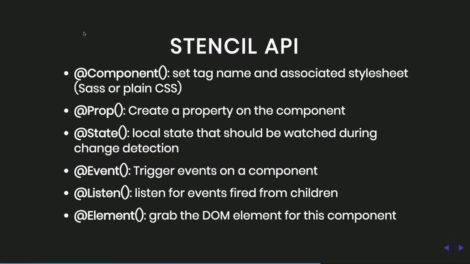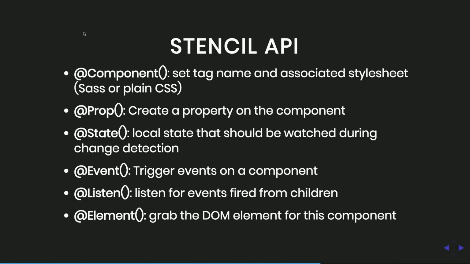There's also this notion of a state, where let's say you wanted to compute some value within your component, and when that value changed, you wanted to efficiently re-render. You would use state in that case, because prop is for things that are passed into the components. State is just a local variable to the component itself or to the instance of the class that you want to make active or involved with change detection.